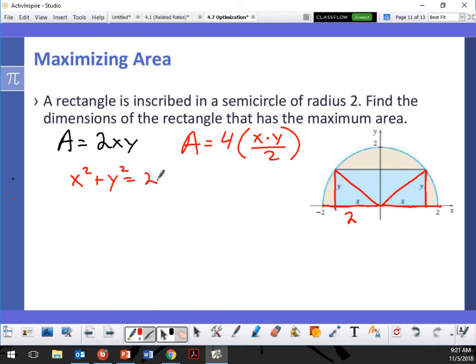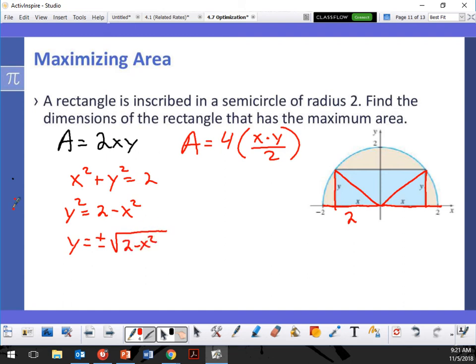If we're going to do it for x, let's get rid of y. So I'm going to say that y squared is equal to 2 minus x squared. And then y will equal plus or minus the square root of 2 minus x squared.